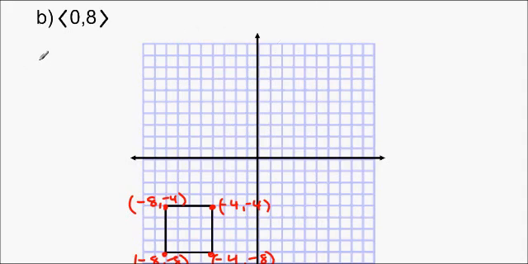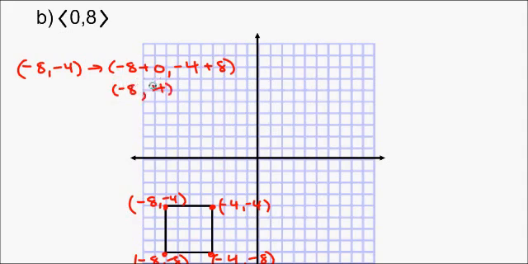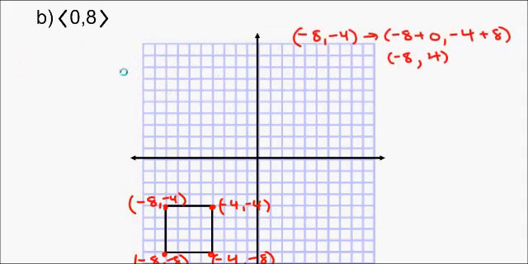I'm going to start with -8, -4. You know we're going to have -8 plus 0, then -4 plus 8, which leads us to -8, comma, +4. Okay, let's move this over here.